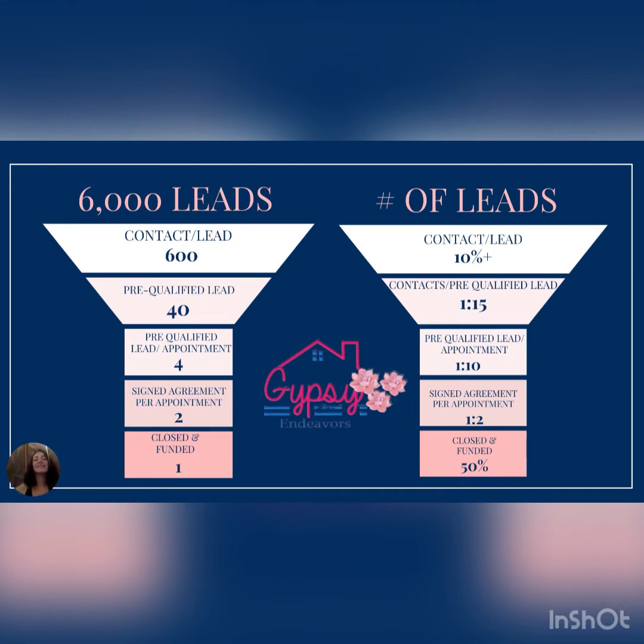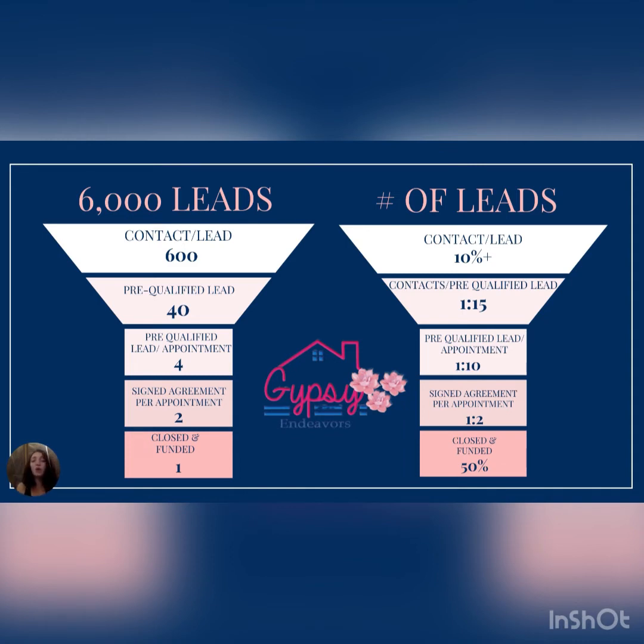So that means that we need to get 2 deals under contract, 2 agreements signed with sellers, okay? So if we want 1 deal closed and funded and we need 2 people under contract, how many appointments do we need to go on? Well, if our goal is to have half of the appointments that we go on get locked up, then by those numbers, we would need to run 4 appointments with pre-qualified sellers, okay?